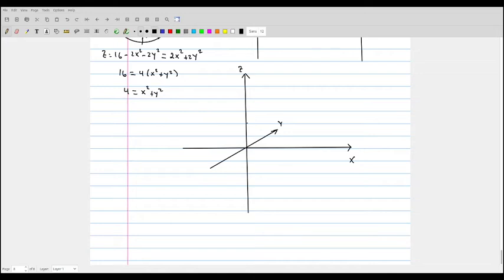We have up here at, say, z equals 8. We'll call this z equals 16. Then at z equals 8, you have a circle of radius 2. We have a downward opening paraboloid.